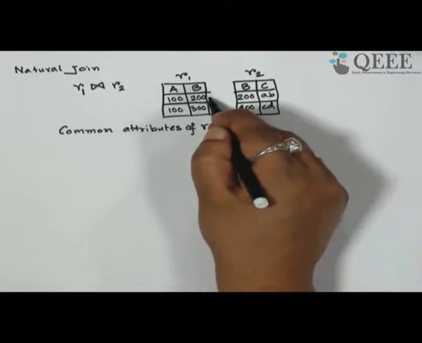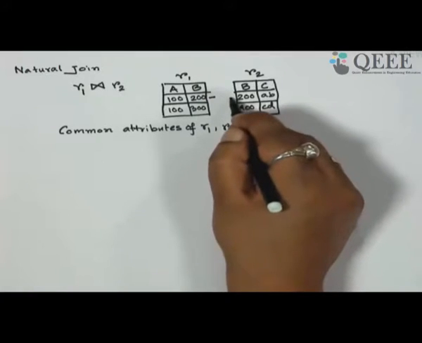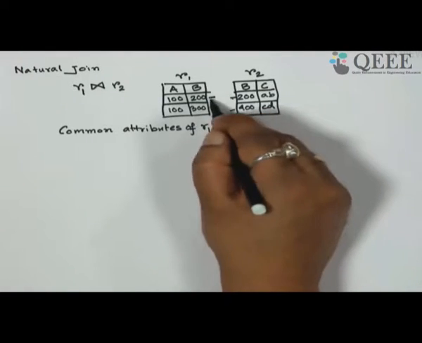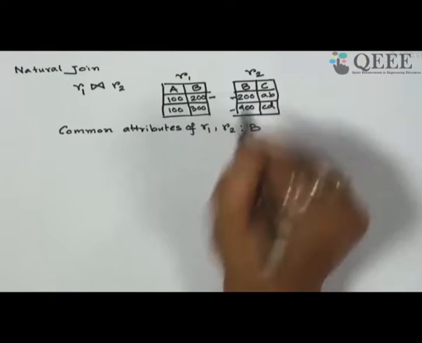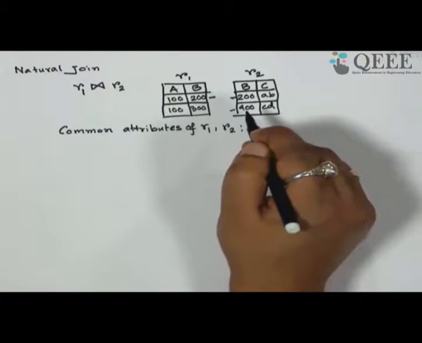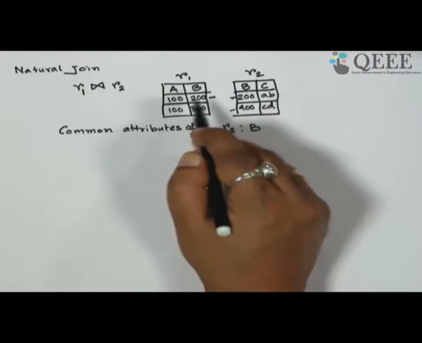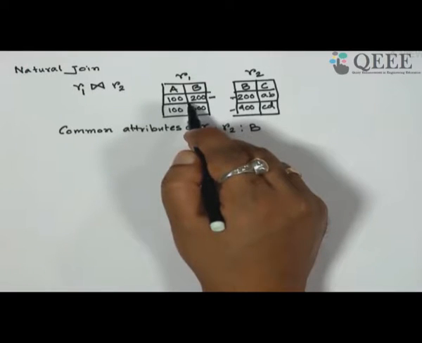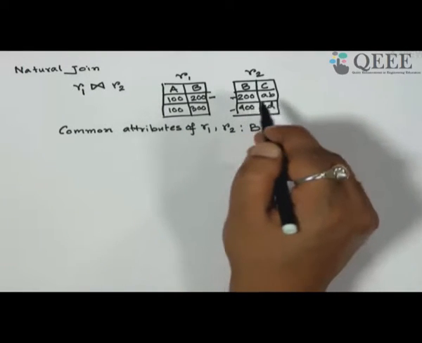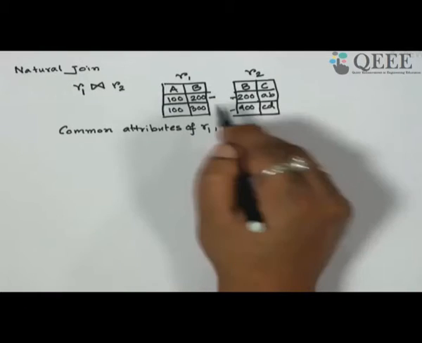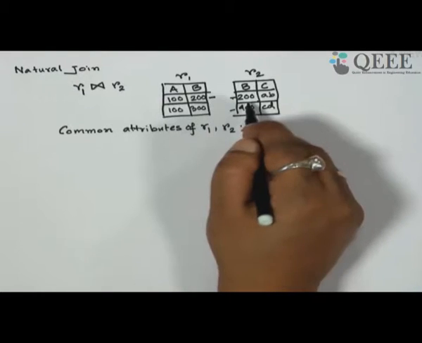So, you take this 200, you see if 200 matches B anywhere; it matches with this, it matches with this. So, in this case this row is said to be joinable with this row. This row of R1 is joinable with this row.